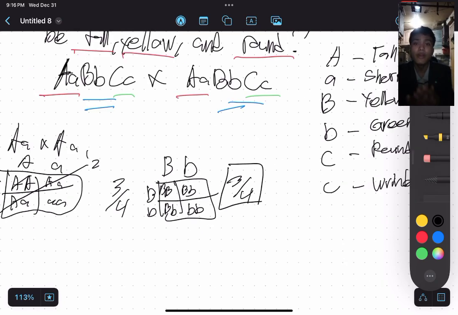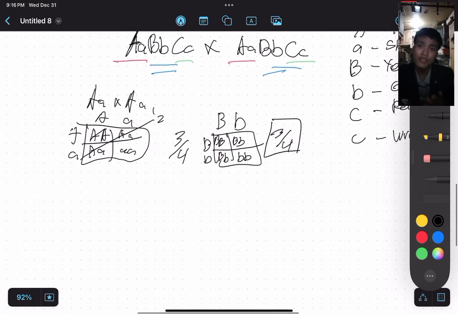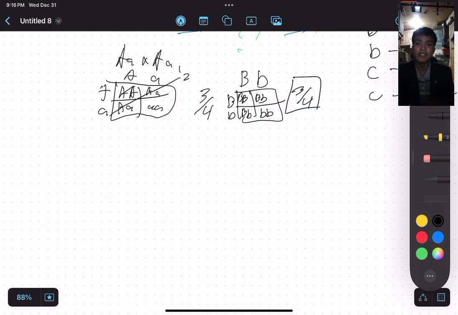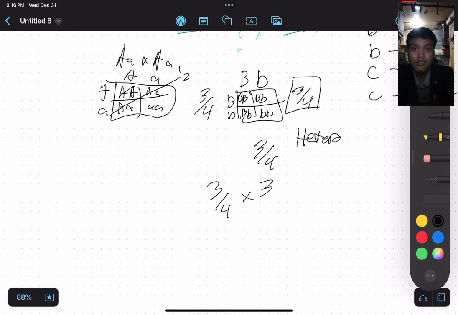So for C, the parents are also heterozygous, and round is what we're looking for, so the answer is 3 over 4. Then after that, we're going to multiply, starting with heterozygous A, 3 out of 4, times 3 out of 4 for heterozygous B, times 3 out of 4.